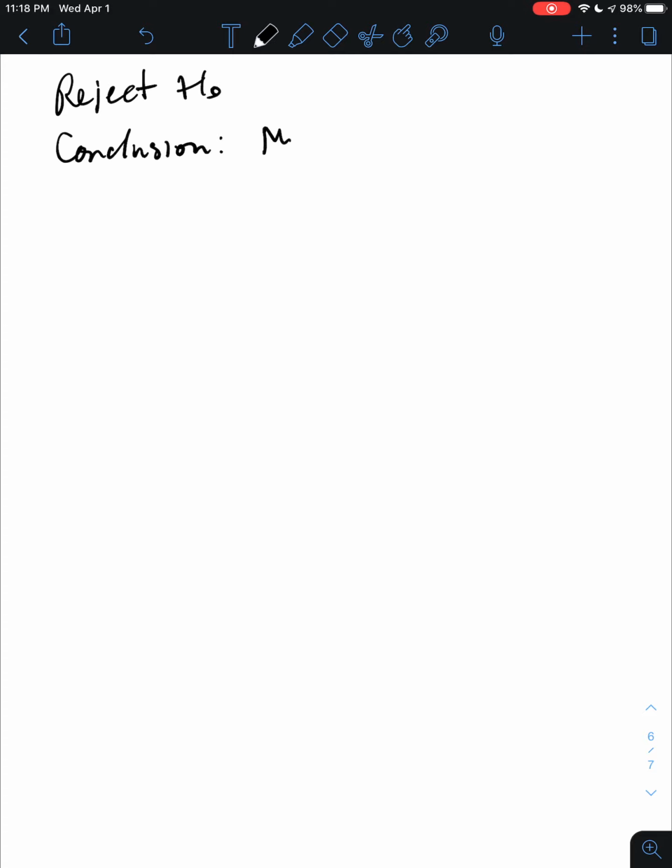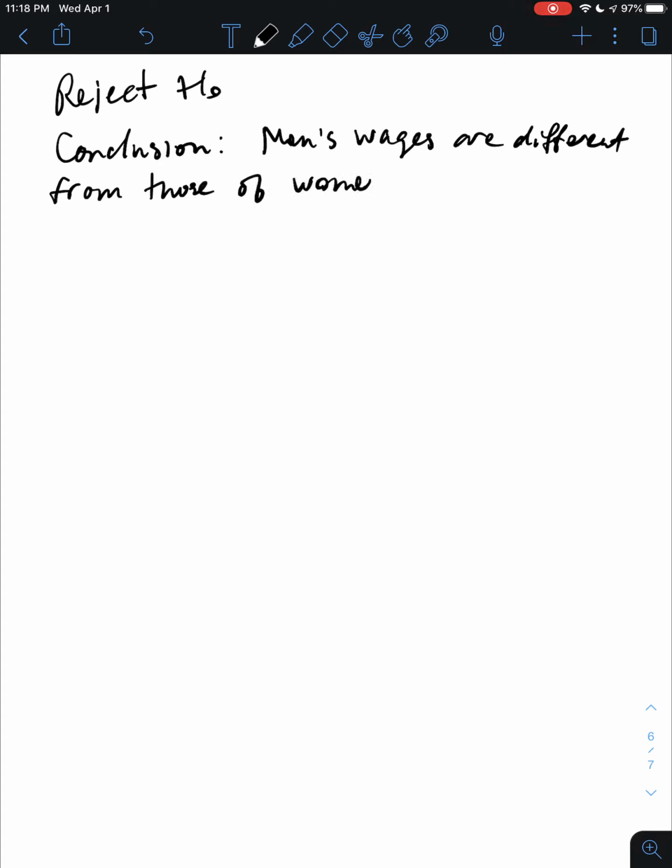Conclusion that men's wages are different from those of women in managerial, professional positions.